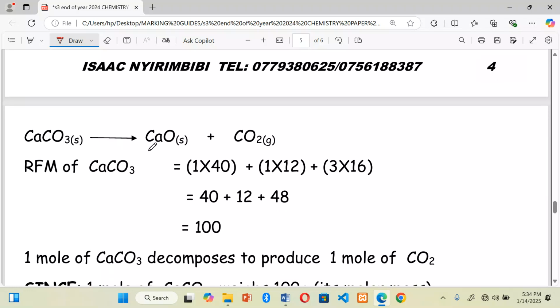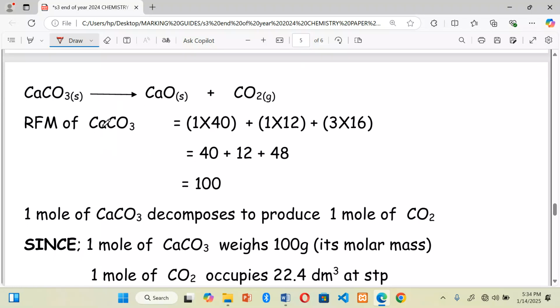So what did I do? The first thing I did was to repeat the equation. This equation is already given to us up there. Calcium carbonate decomposes to form calcium oxide and carbon dioxide gas. First we can get the RFM, relative formula mass, of calcium carbonate. We say 1 times 40. Why 1? We have 1 calcium atom.